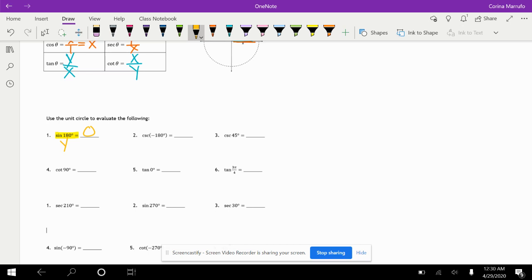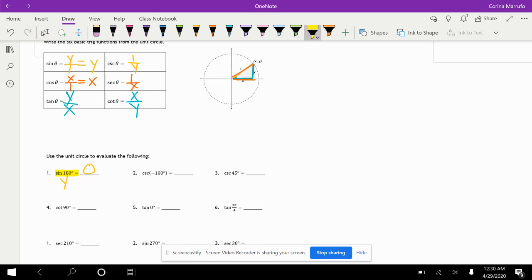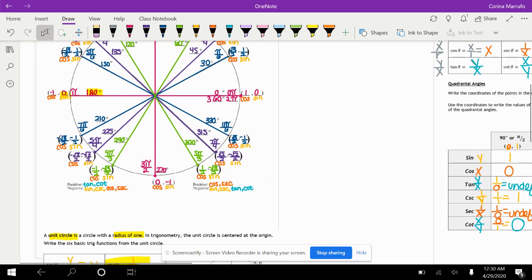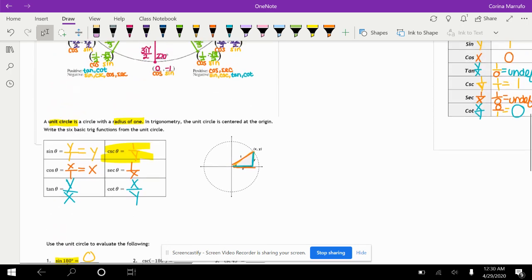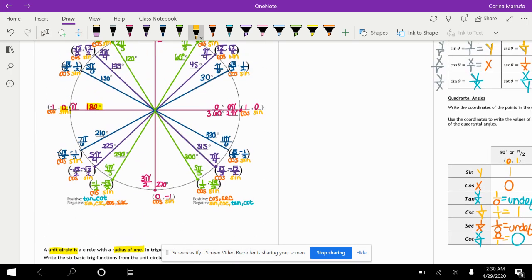All right, the next one. Now we have cosecant. Cosecant is the opposite of sine. If you happen to forget, we do have it right here. You're going to take 1 and divide it by y, or its reciprocal. Oh, I forgot to check the angle. It's negative 180 degrees. Remember, negative is going to go in the opposite direction, but it just happens to land at the exact same point. And we look at sine.